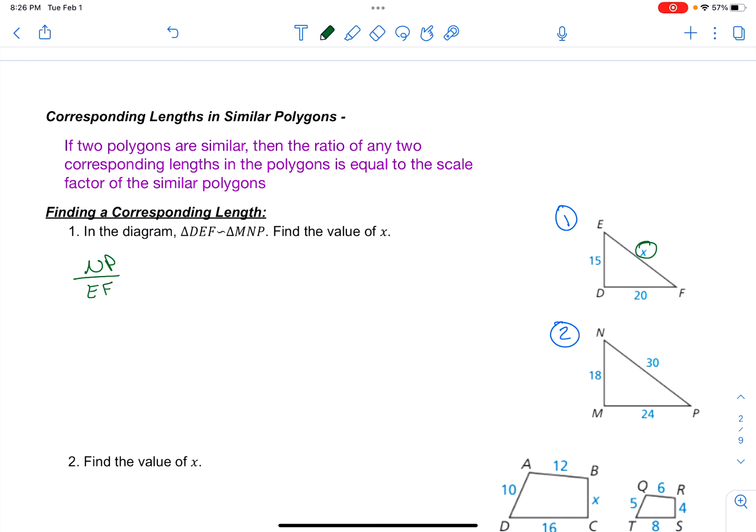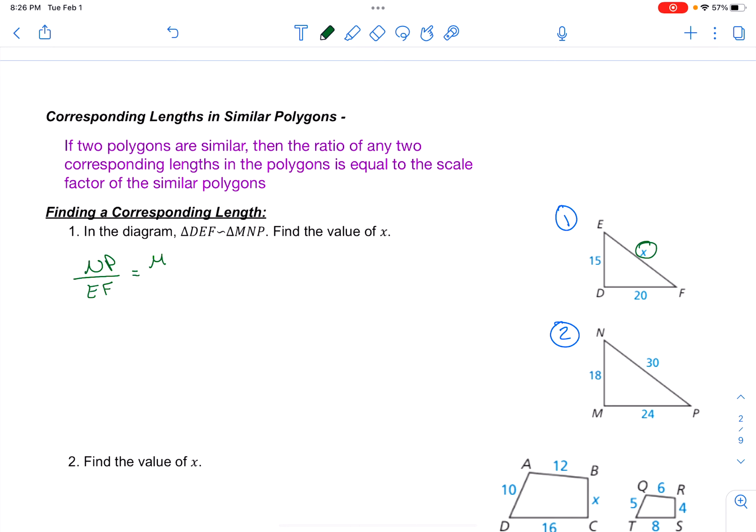Okay, so those sides have to be proportional. They will give us a scale factor. Now we just have to pick one other pair of sides to use. We could use MN and DE, or we could use MP and DF. It doesn't matter which one. I'm going to use MN and DE.